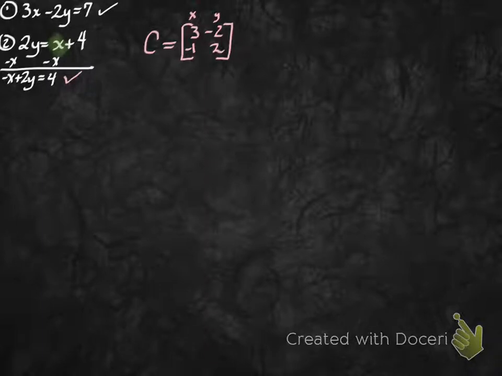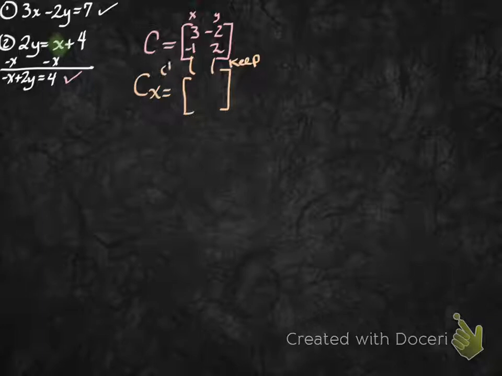That's my coefficient matrix. My second matrix I'm going to create is my coefficient matrix with the x replaced. What that's going to be is I'm going to keep my y, but change my x.